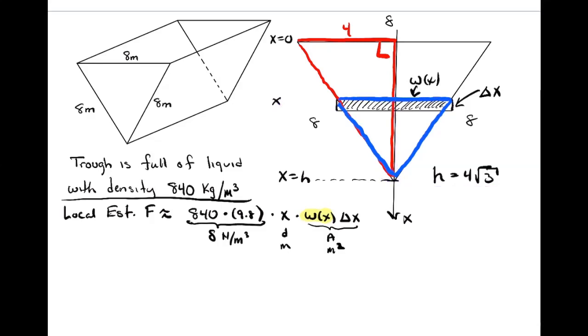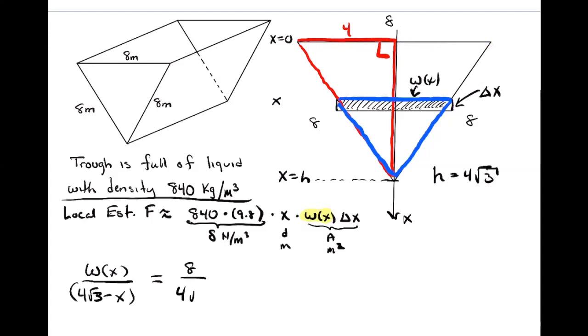Using the principles of similar triangles, I could write that W of x, its ratio to the height of that blue triangle, 4 root 3 take away x, has to be the same as the corresponding ratio in the big triangle that's the trough side. So that's the same as the ratio of 8 to 4 times the square root of 3.